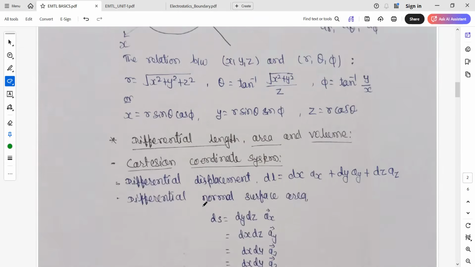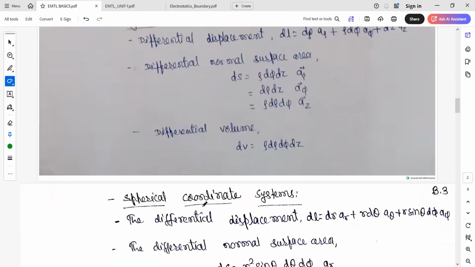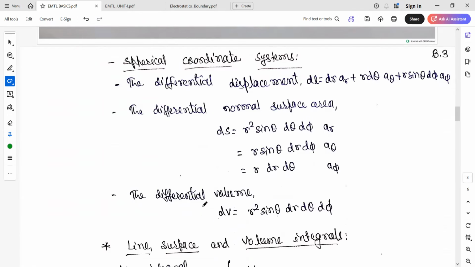Here we are concentrating more on the spherical coordinates. In spherical coordinates, we have differential displacement: dr, r d theta, and r sine theta d phi. These are along the unit vectors ar, a theta, a phi.